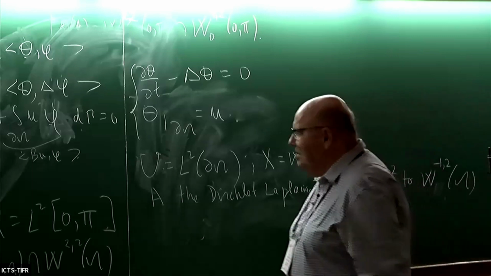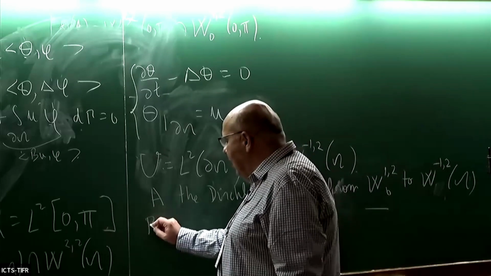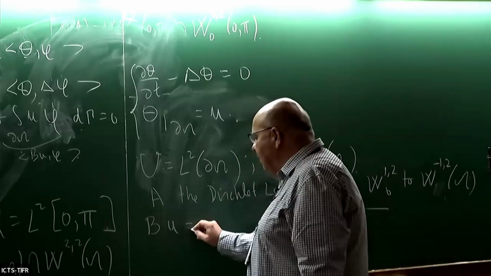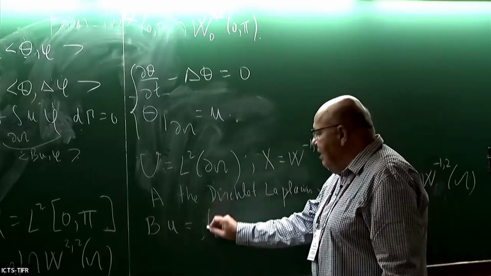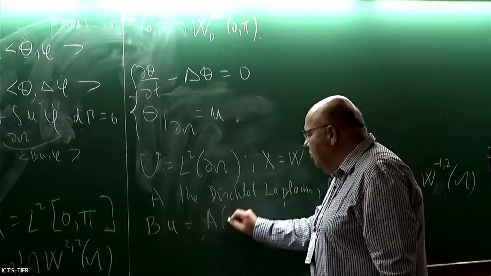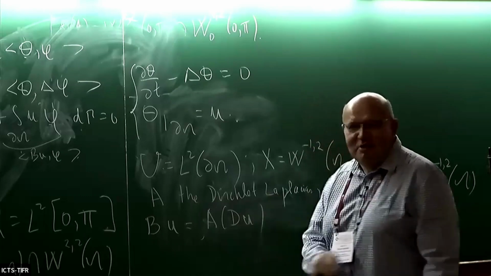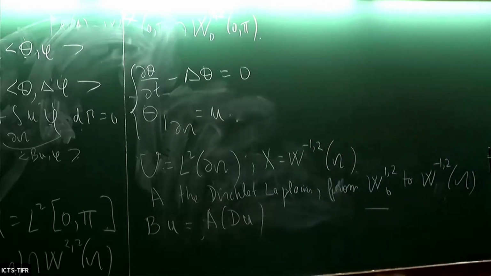To write B, the usual way of writing B is to say that B is A applied to D u, where D u is what's called the Dirichlet map.